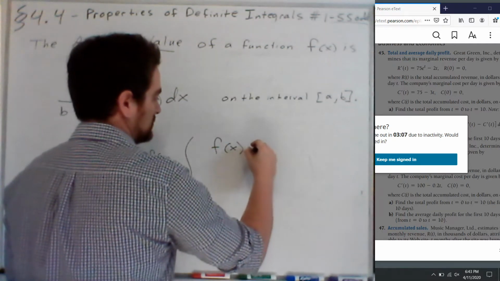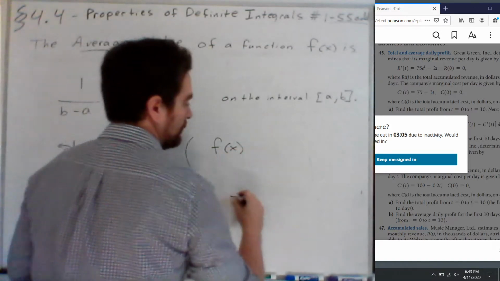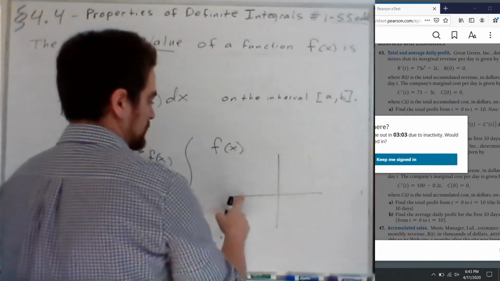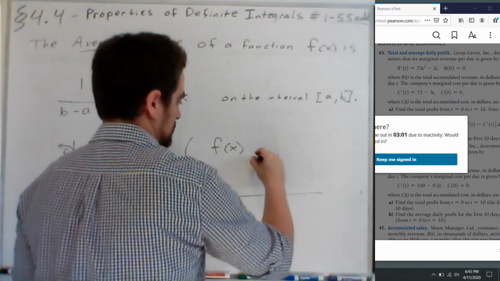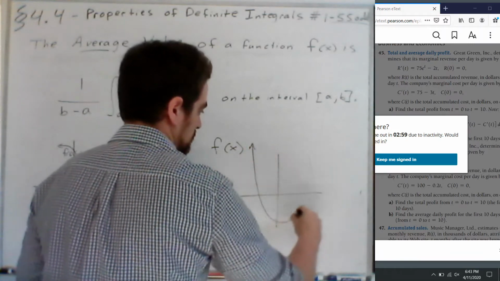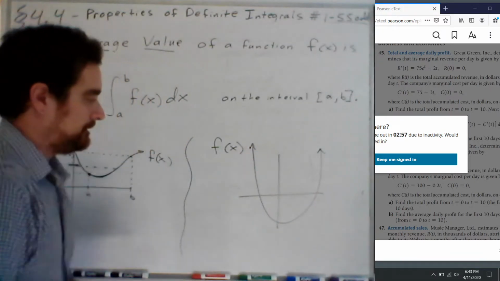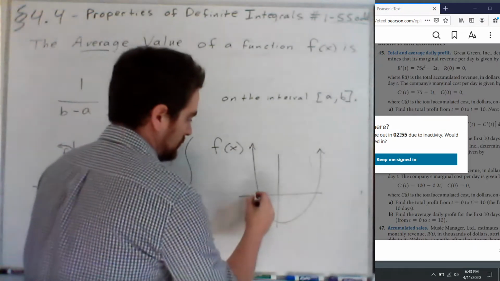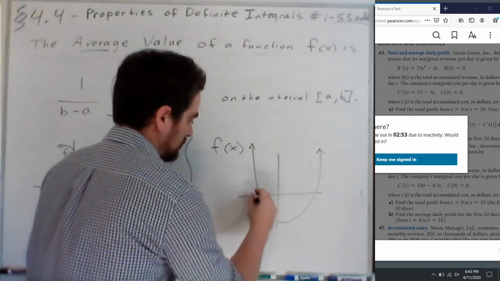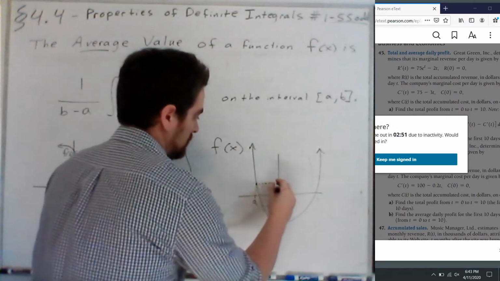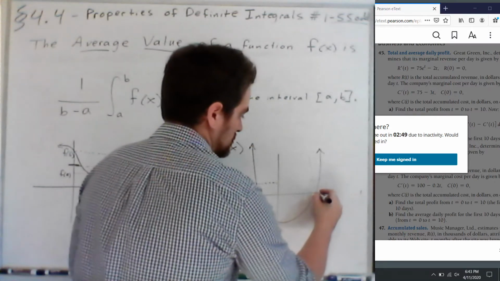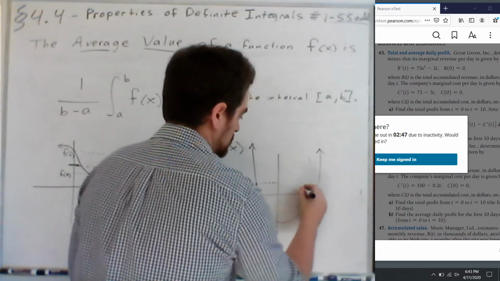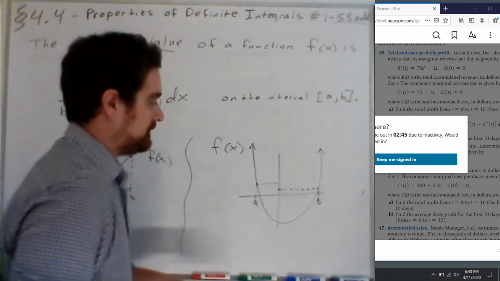let's say f of x, let me draw my coordinate system, and then let's say f of x looks like this. And we look over the interval from a, see how it has a positive value, to b, see how it has a positive value.